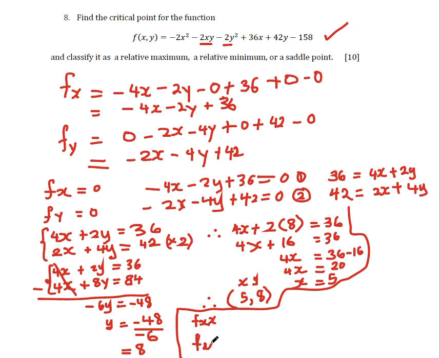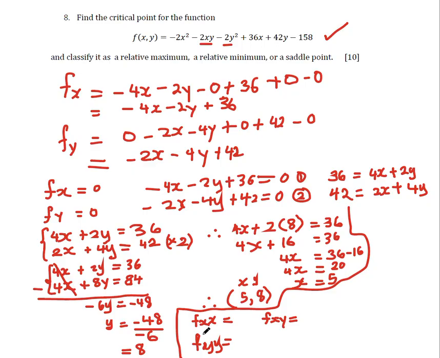I'm also going to find fyy, and we will also find fxy, but fxy would also be the same as fyx. So once we find fxy or fyx, we know they will be the same.